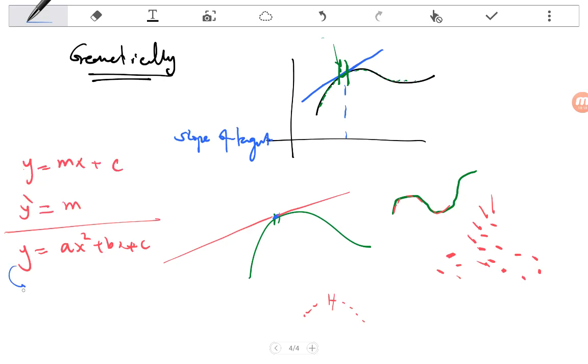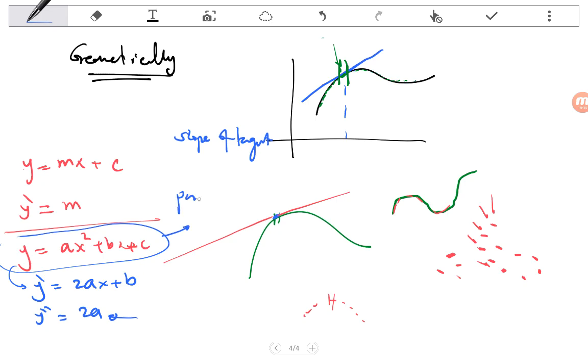What is the first derivative? y dash will be 2ax plus b. What is the second derivative? 2a. So this is a constant. So the curve that has a constant second derivative is a second degree polynomial. It is called a parabola. This is a more generic name, which is called a parabola.